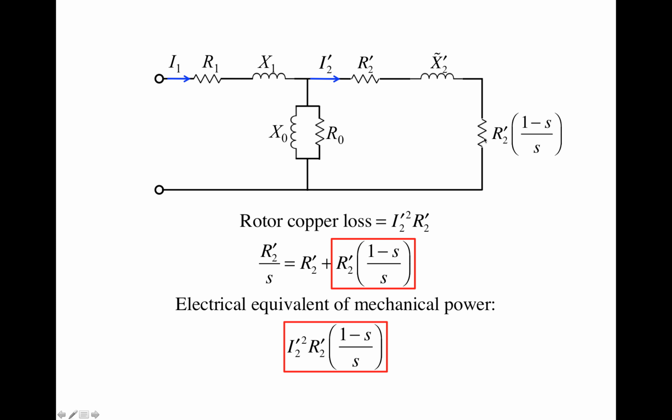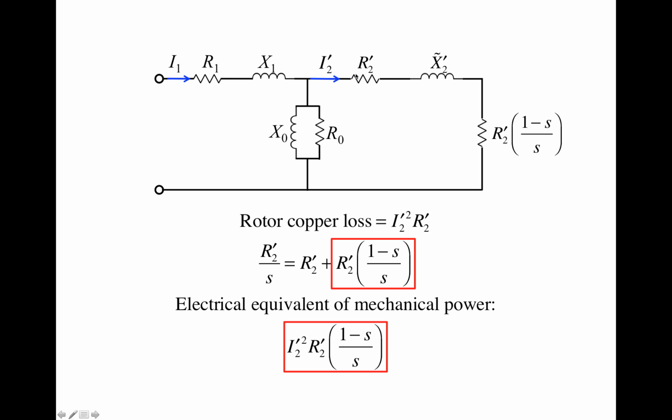So the copper loss, the energy dissipated by the rotor side winding, is I2 prime squared times R2 prime. That's the copper loss, right? And then what about the energy that's dissipated on this fictitious resistor? It's not a real resistor.